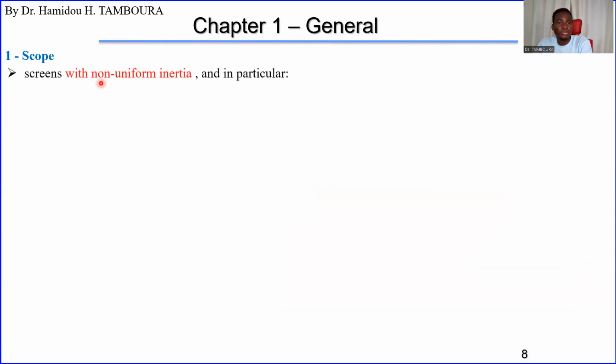So we also have the non-uniform inertia type of wall, which includes, as I said, discontinuous walls.